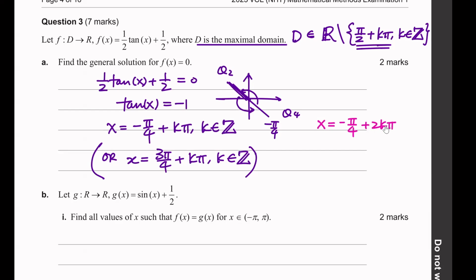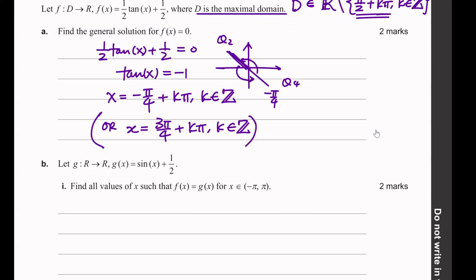You can't just add a 2k pi because the period of tangent is pi. Okay, so if you really want to include, let's say, 2k pi, you really have to include another solution. And these two expressions together can be combined into either this one or this one, okay? So for tangent general solution, we add k pi rather than 2k pi because the value repeats each half term. I don't want this to confuse you. So let's move on.